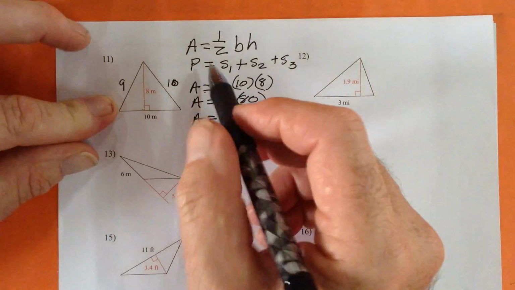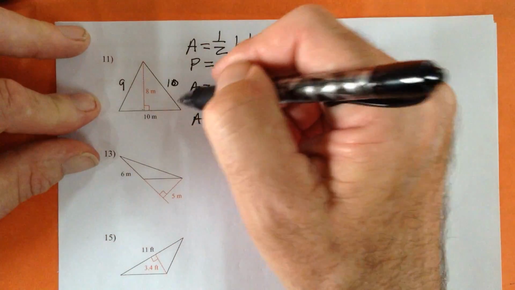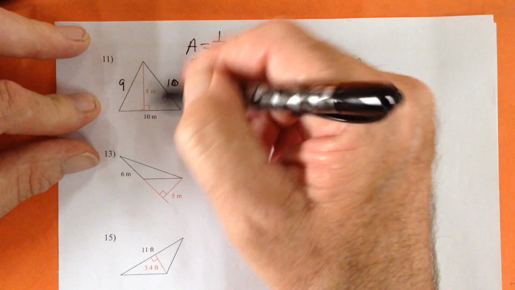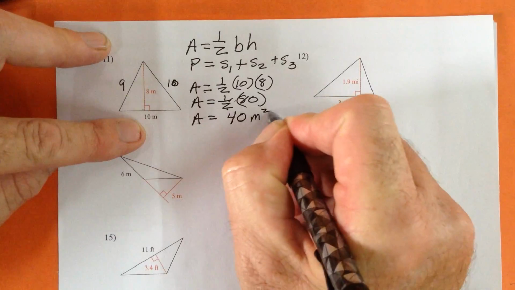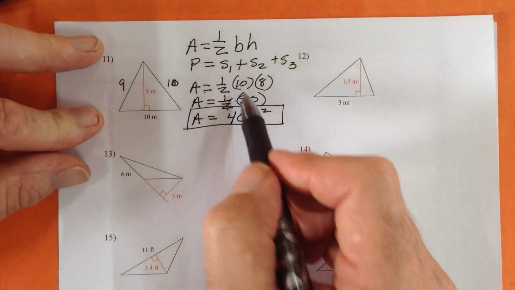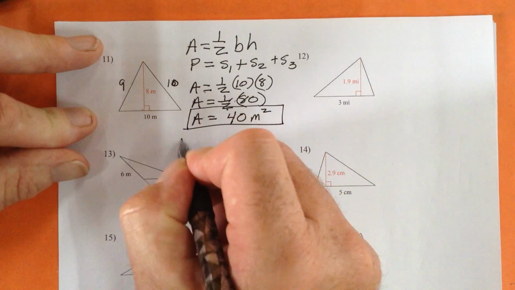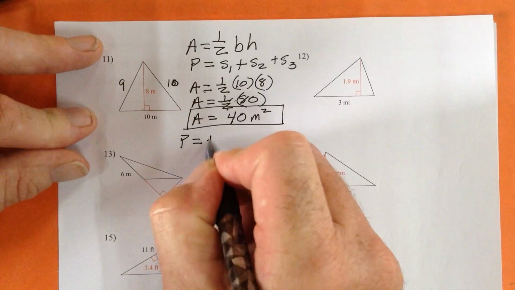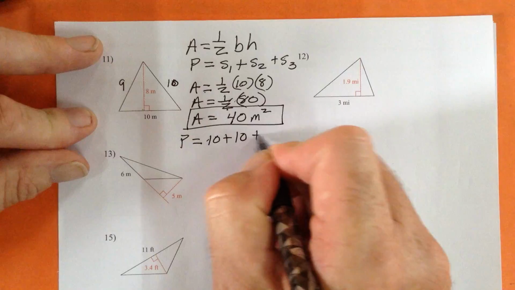Okay, so a triangle is half of a square, half of a rectangle, half of the base times the height. So this would be 40 meters squared would be the area. And then if they tell you to find the perimeter, well then you just add up the 3 sides. So here this will be 10 plus 10 plus 9.